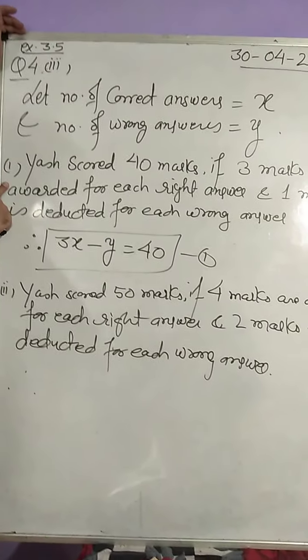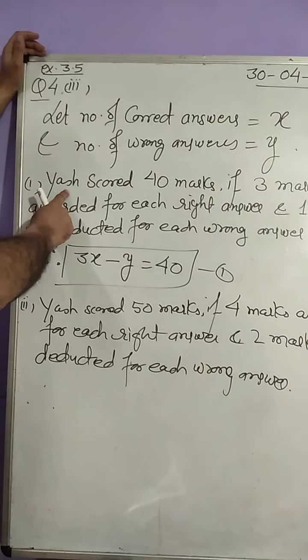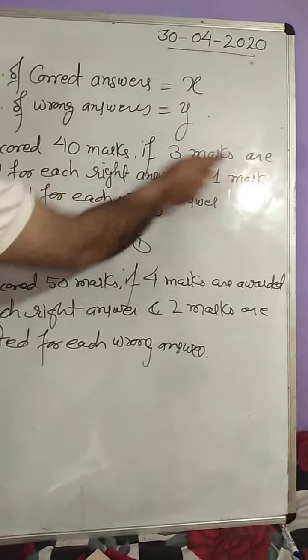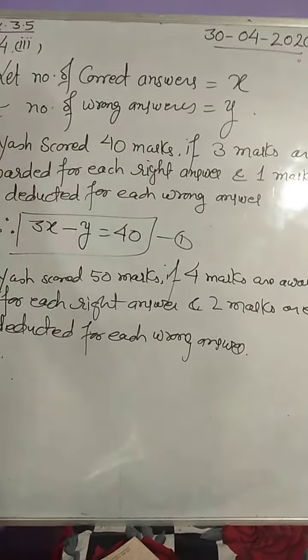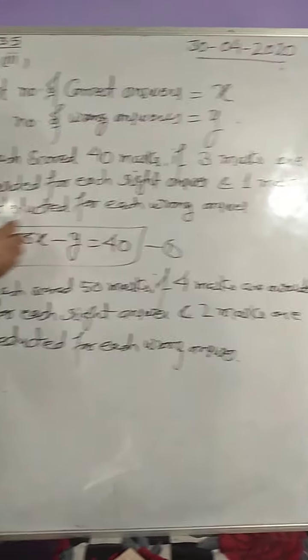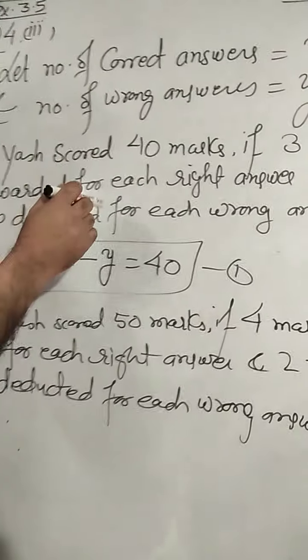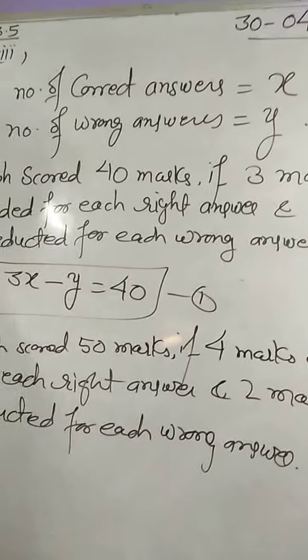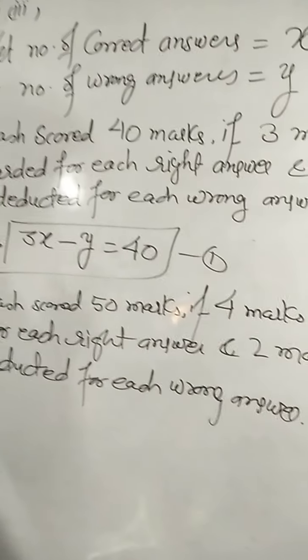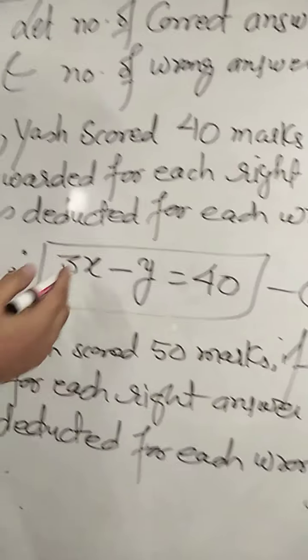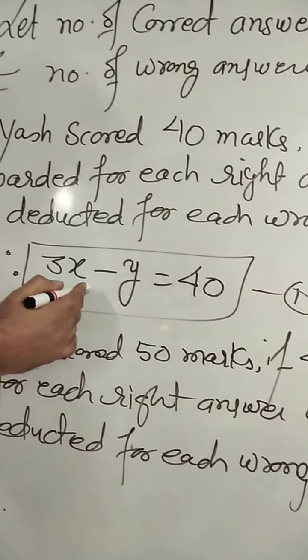Now case 1. Yash scored 40 marks when 3 marks are awarded for each right answer and 1 mark is deducted for each wrong answer. How many right answers are there? x. For each right answer, how many marks is he getting? 3. So the marks he obtained are 3 into x.